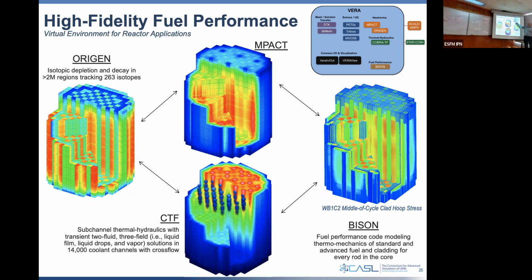This expands because now we have to add Bison, and it uses libMesh to manage its mesh. And Bison is built on top of MOOSE to do a whole lot of its solver connection. And the way we do data transfer between all of these things, like with Shift, we use DTK, which leverages Trilinos to do a whole lot of that communication.